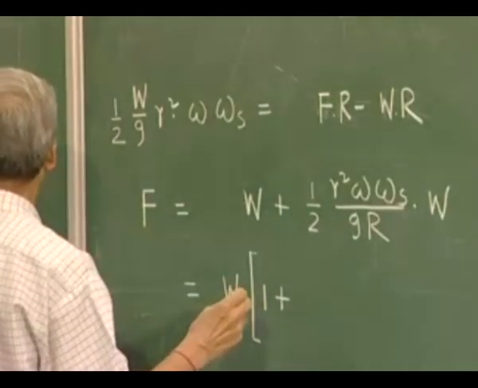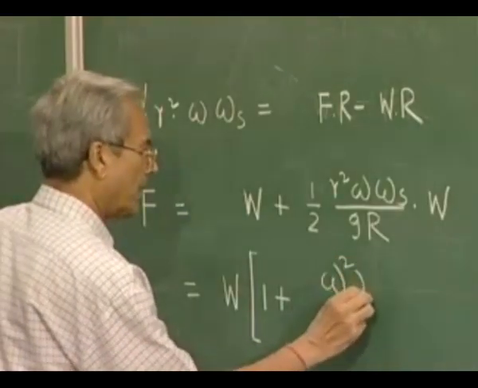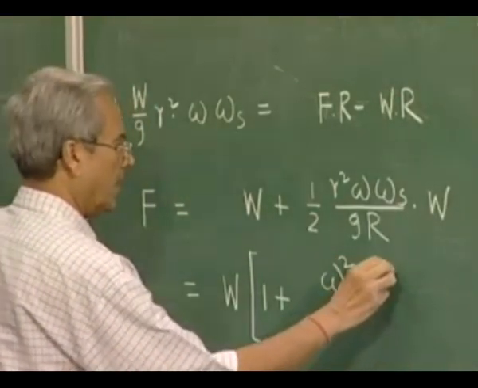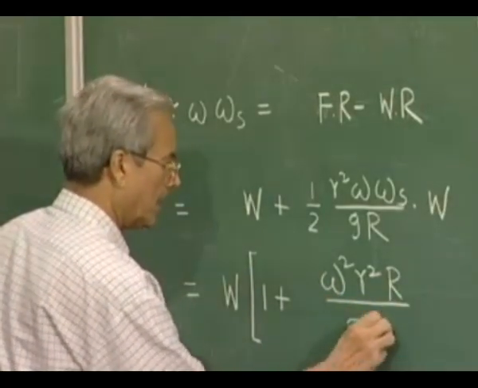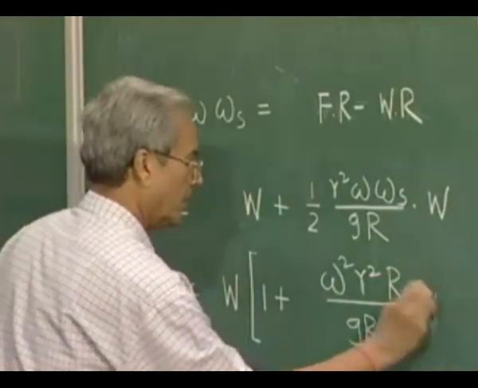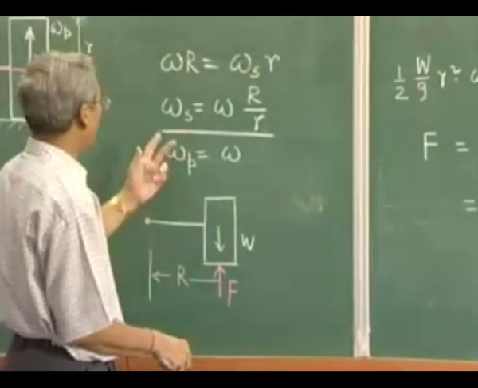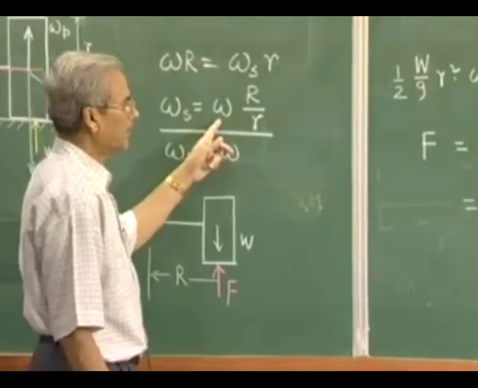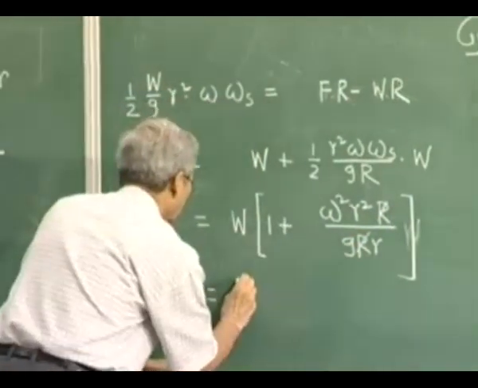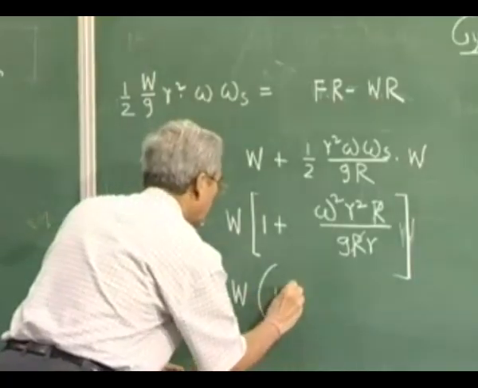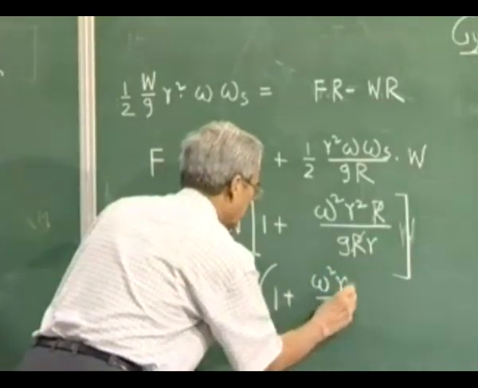Now omega s is simply this, so omega square r square by g r. So omega s we have written as this, so this gets cancelled and finally we get W into 1 plus omega square r by g.